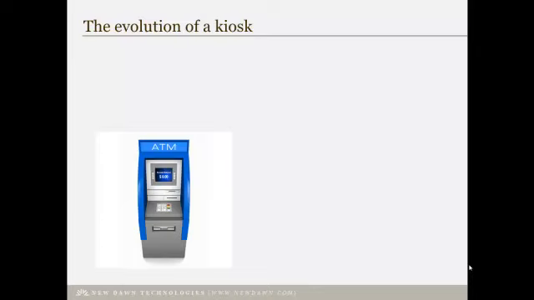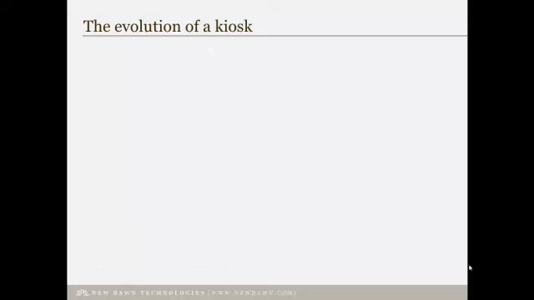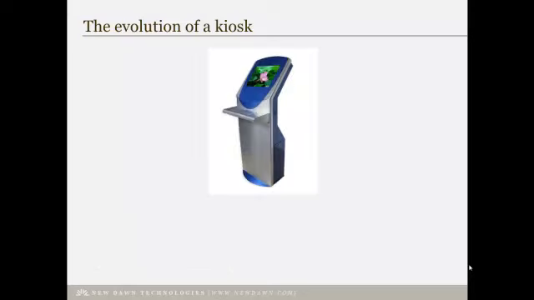ATMs went from those simple little let's withdraw money or check our balance machines to full screen touch displays, which are really good for, say, museums or in the lobby to provide information. I saw a big resort where the resort itself is pretty much a miniature city, and so to find where you need to go is pretty difficult.